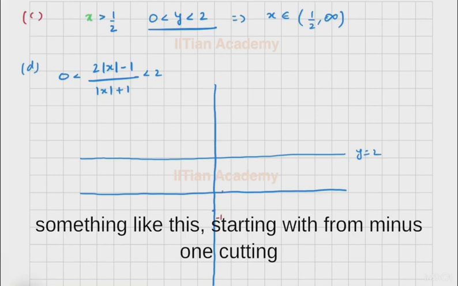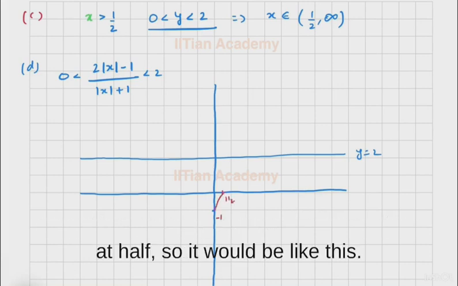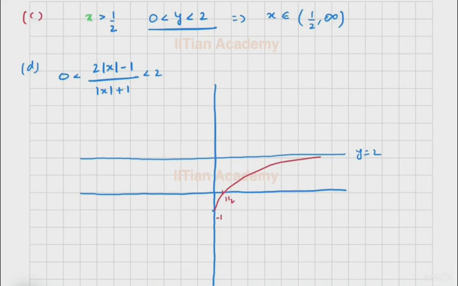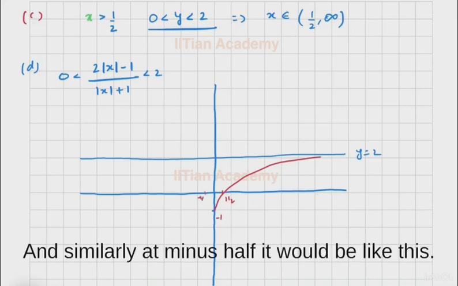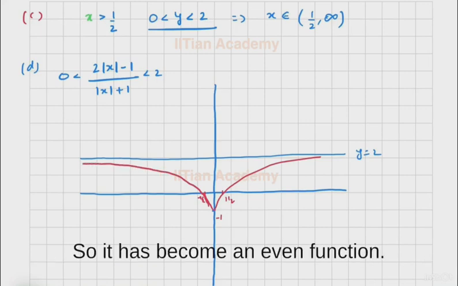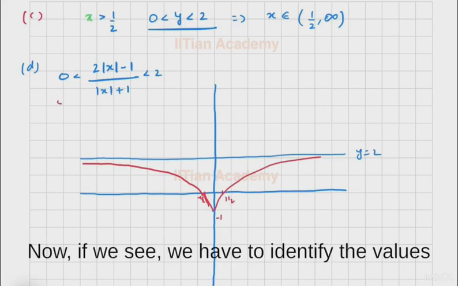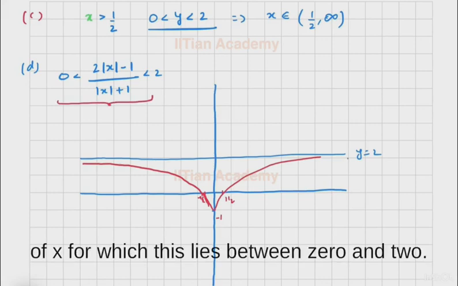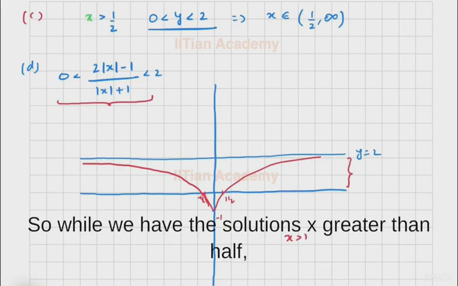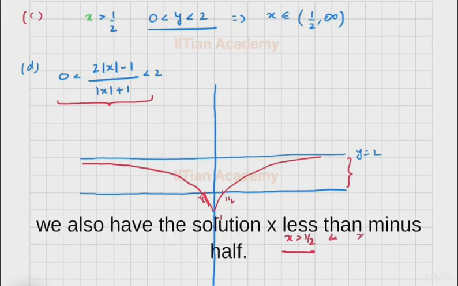starting from minus 1, cutting at half, so it would be like this, and similarly at minus half it would be like this. So it has become an even function. Now we have to identify the values of x for which this lies between 0 and 2. While we have the solution x greater than half, we also have the solution x less than minus half.